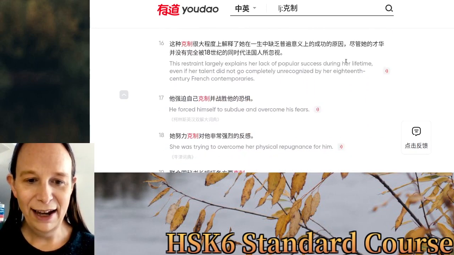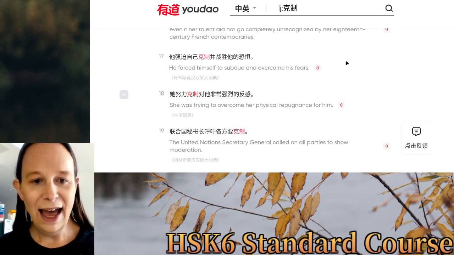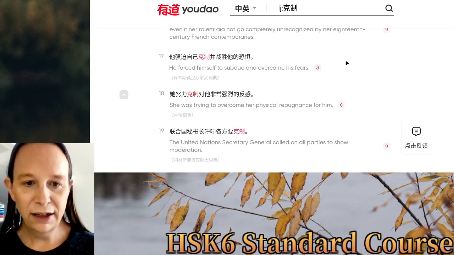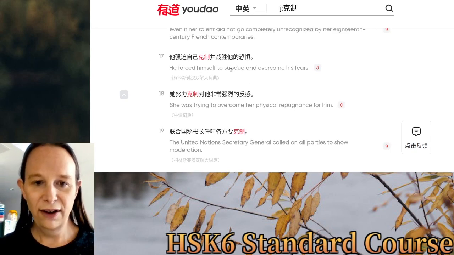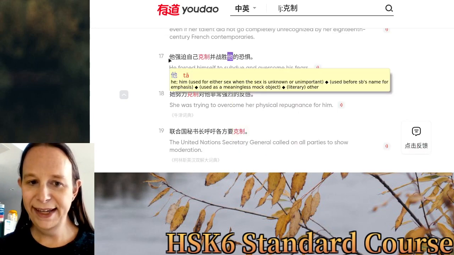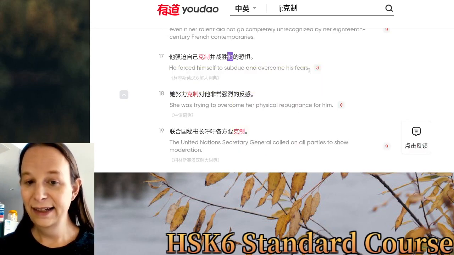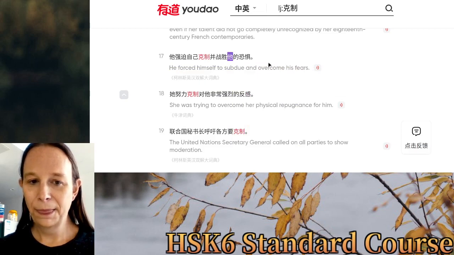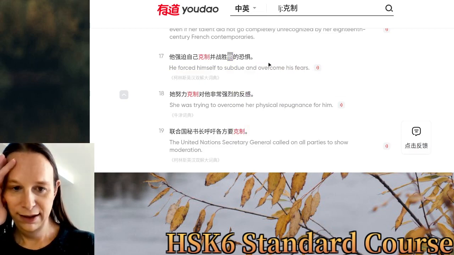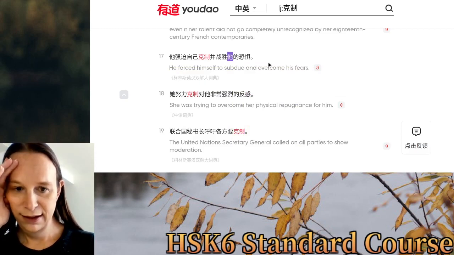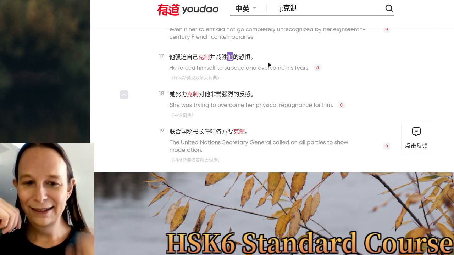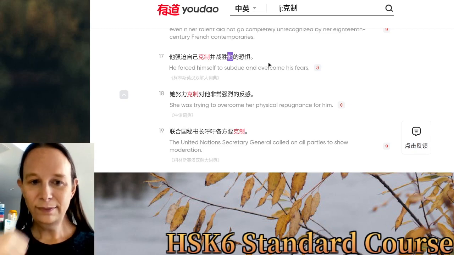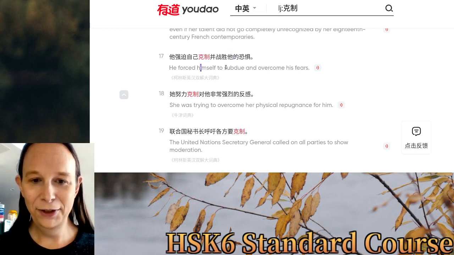Let's find some that help us learn this word. 他强迫自己克制并战胜他的恐惧. So this 他 presumably is his own. This 他 means 自己, right? So he forced himself to subdue and overcome his fears.